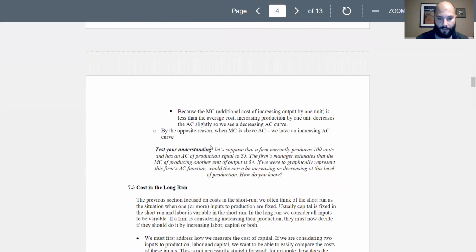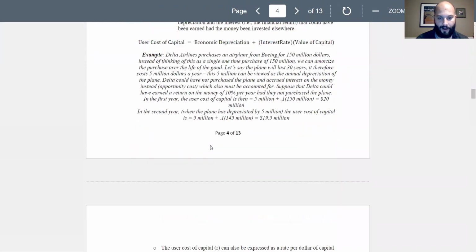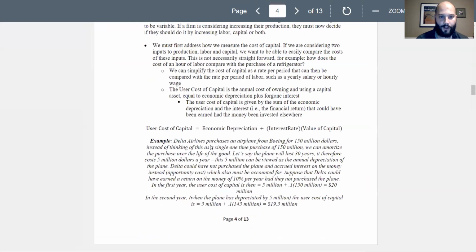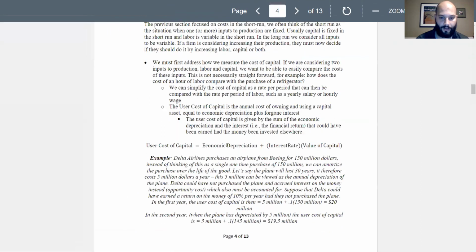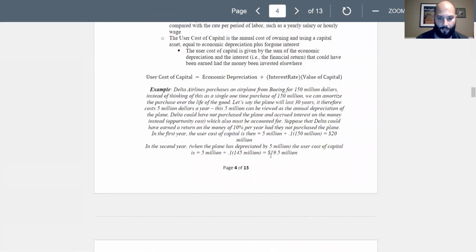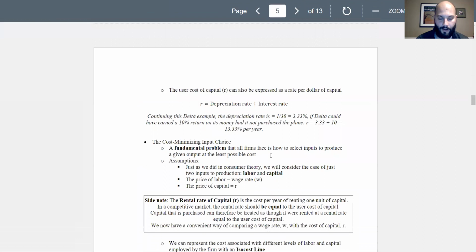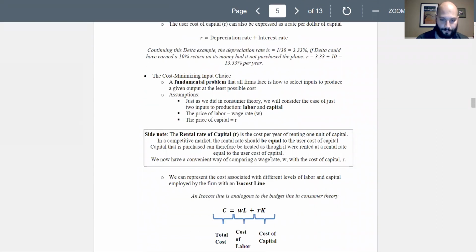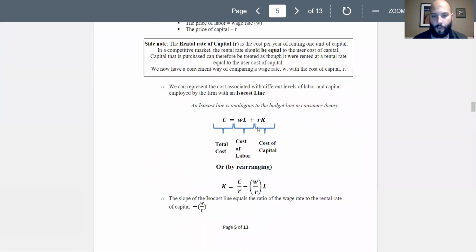Right, our last topic in this chapter, I'm going to skip ahead through these long run costs. I see depreciation and interest as more of a 304 topic, intermediate macro. But ultimately what we're doing here is just deriving a cost constraint or an iso-cost line.